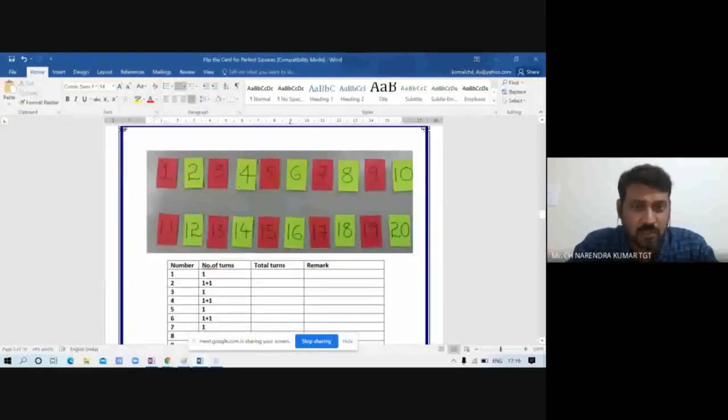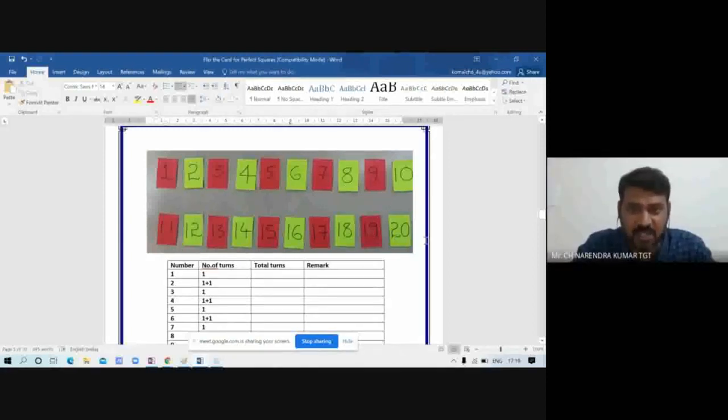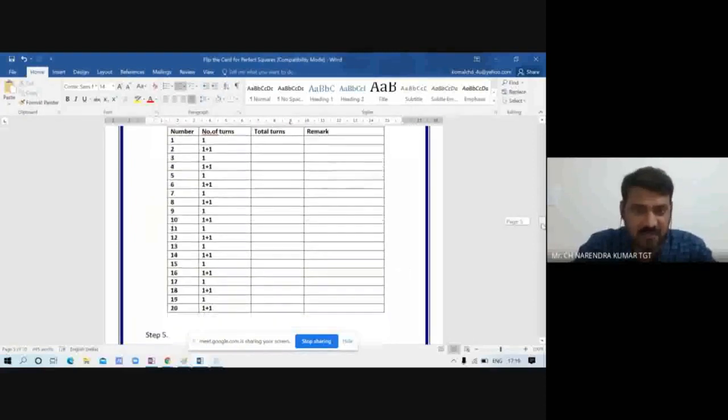Now all the cards are in red color, and I am flipping the multiples of 2: 2, 4, 6, 8, 10, 12, 14, 16, 18, 20. These cards got one more turn. So I am just noting down here: 2 got one more turn, 4, 6, 8, 10, 12, 14, 16, 18, and the last one is 20.